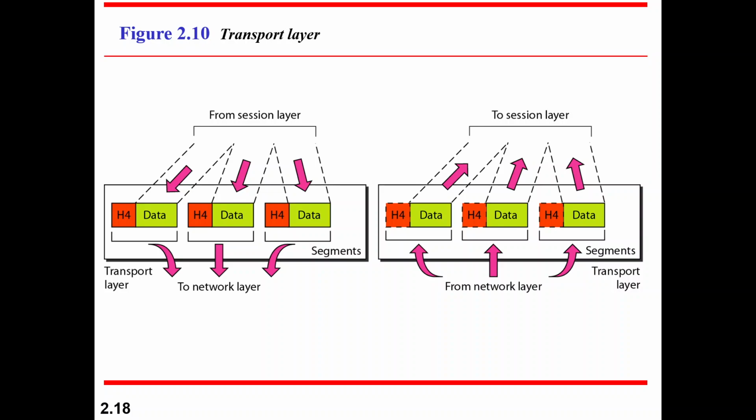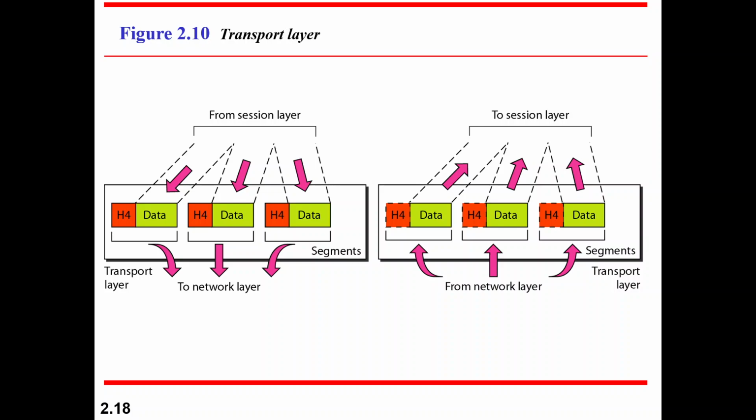The transport layer, on the other hand, ensures that the whole message arrives intact and in order, overseeing both error control and flow control at the source to destination level. The diagram on the screen shows the relationship of the transport layer to the network and session layers.